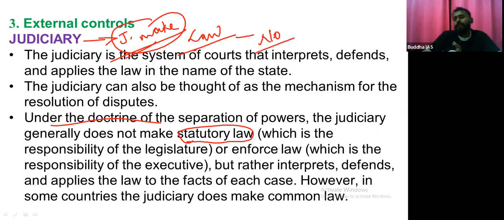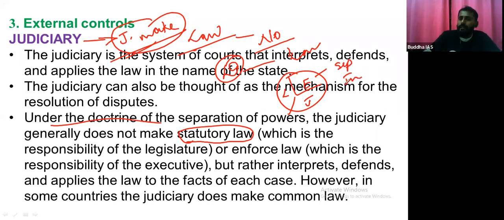But there are some countries where even the judiciary does make common law, right? As we have discussed, in the separation of powers we have the legislature, executive and judiciary. These are separate and independent in their own respective spheres.